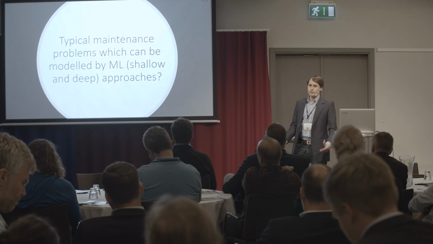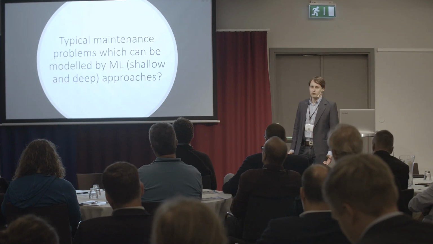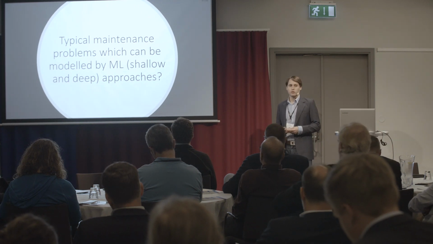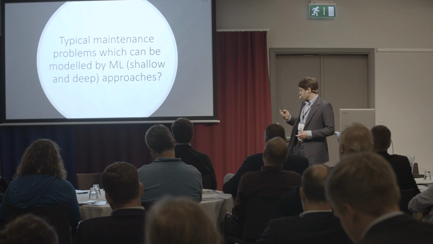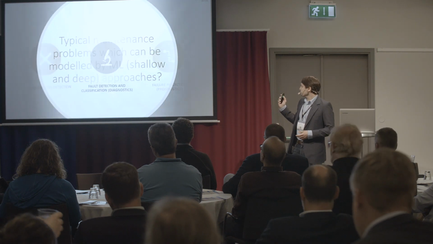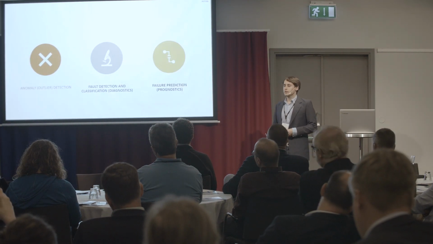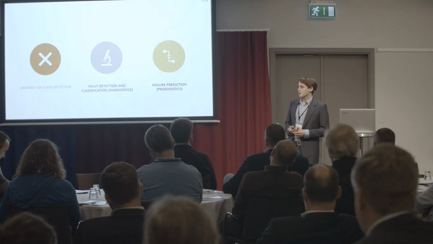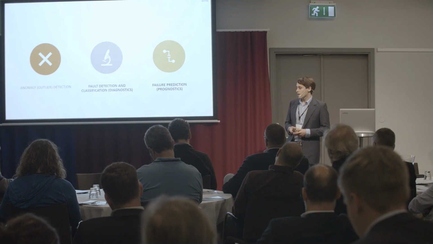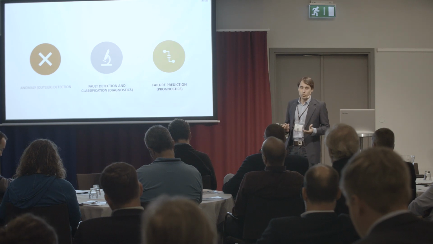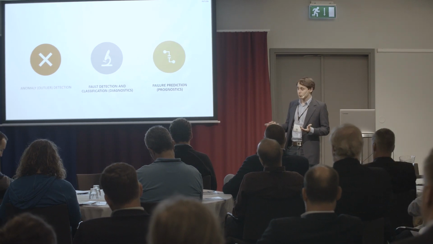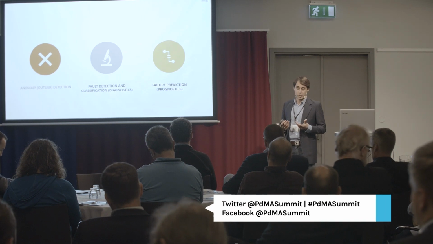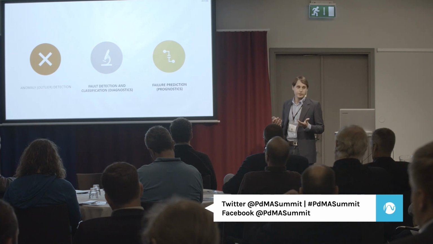So first question here is, what are the typical maintenance problems which can be modeled by shallow or deep learning approaches, right? So machine learning approaches in general. Well, first we have anomaly detection, which is just flagging anomalous behavior in a component. And here we want the machine learning system to notify us when this anomaly happens, so we can check the issue further.